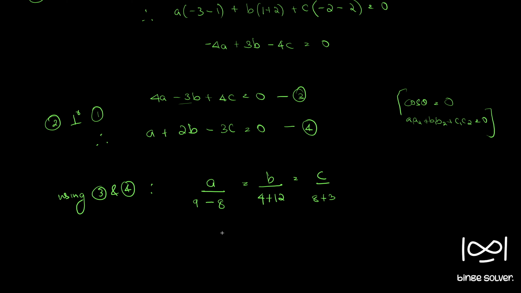So we have a by 1 equal to b by 16 is equal to c by 11.